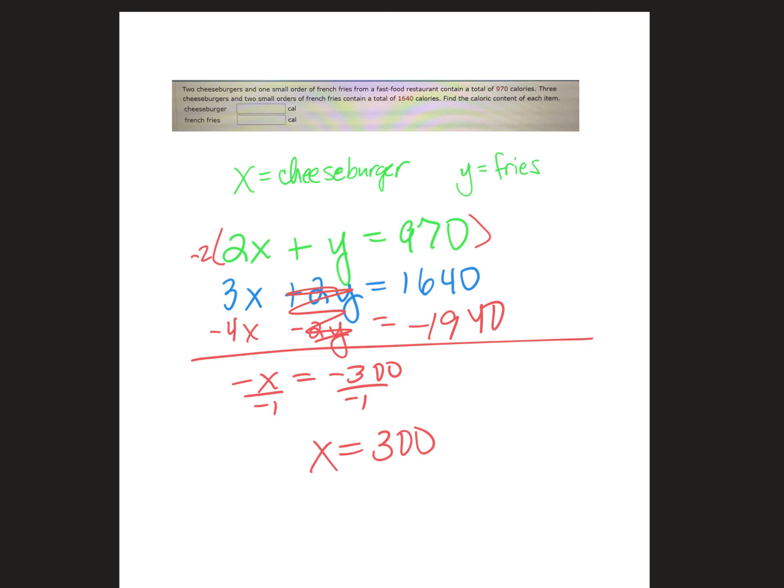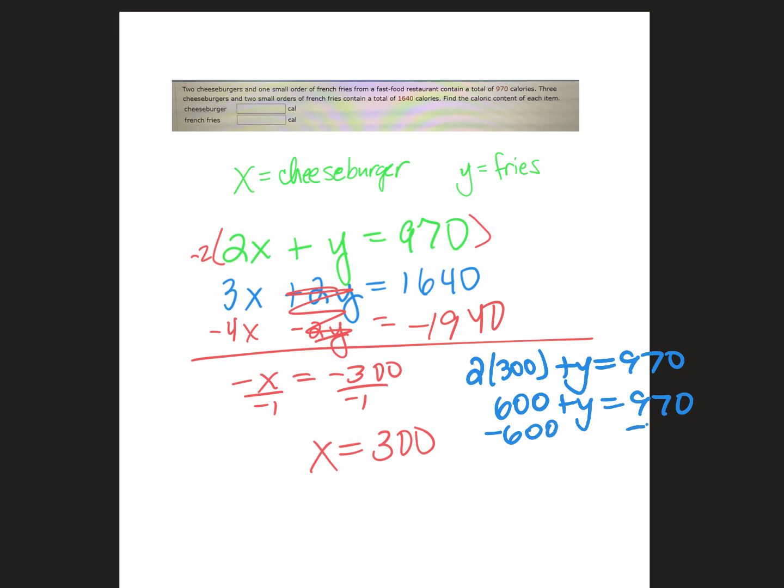So let's plug back in. Let's use our back substitution to find out how many calories are in the French fries. So I'm going to use the 2x plus y. So 2 times 300 plus y equals 970. So 2 times 300 is 600 plus y equals 970.